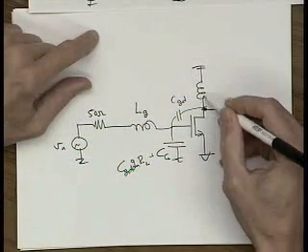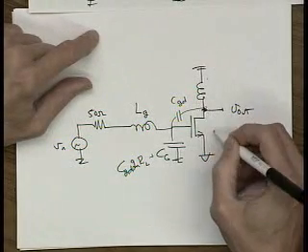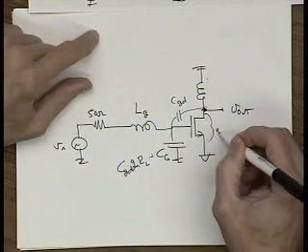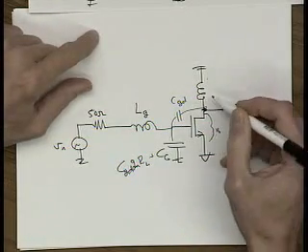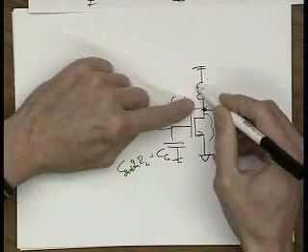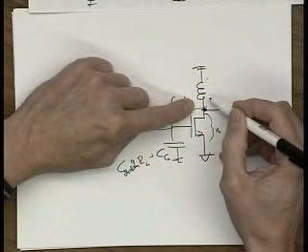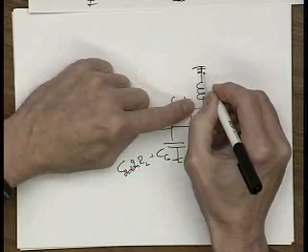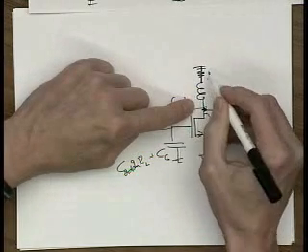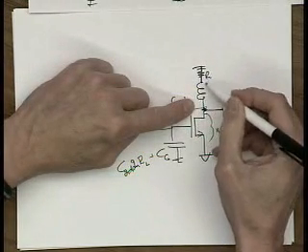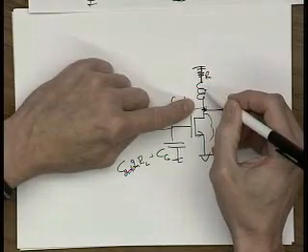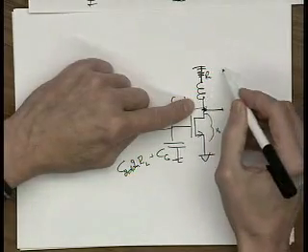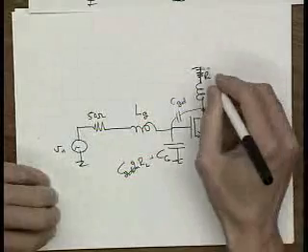R load of this stage, as I've shown it here, will probably be good old R0, looking down here. But if we have this tuned appropriately, there'll be a series resistor associated with this inductor. It'll actually be that series resistor that we'll see at the tuned frequency, or that related to that.